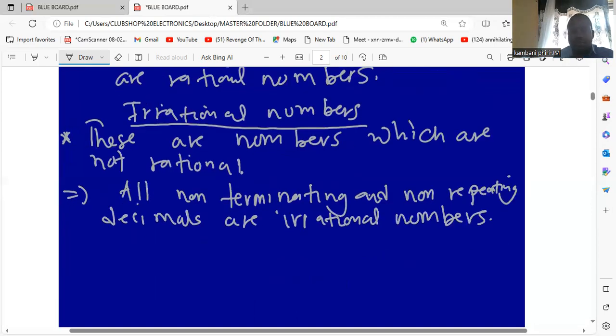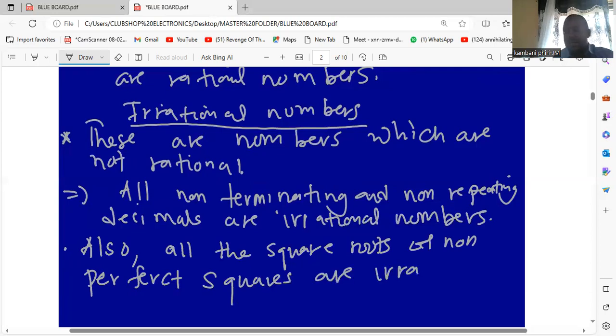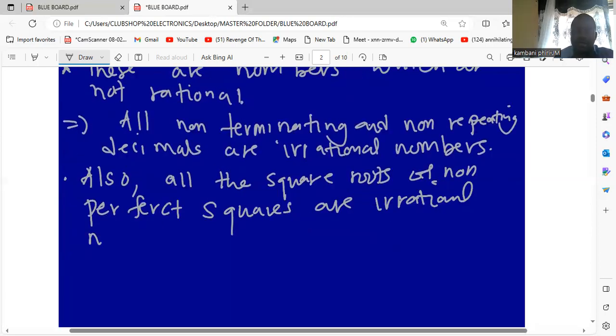Also, as a matter of emphasis, all the square roots of non-perfect squares are irrational numbers.